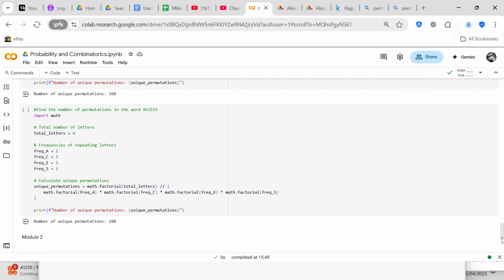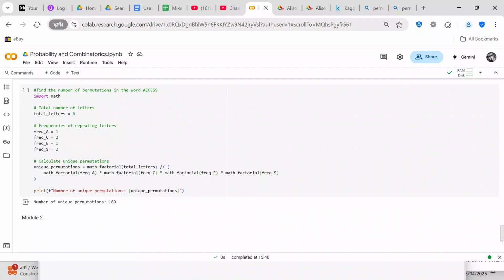So we calculate the unique permutations. Unique permutations equals math.factorial total letters, floor division, math.factorial frequency A times math.factorial frequency C times math.factorial frequency E times math.factorial frequency S. And so the number of unique permutations is 180.